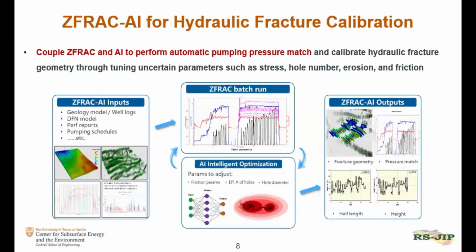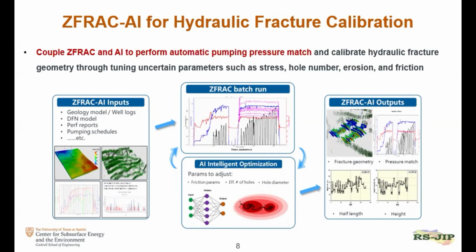And then for the fracture propagation model, we are also able to couple the AI algorithm to automatically calibrate the pumping pressure of any completion stage. Using this data, we are able to calibrate the hydraulic fracture propagation model through tuning uncertainty parameters.